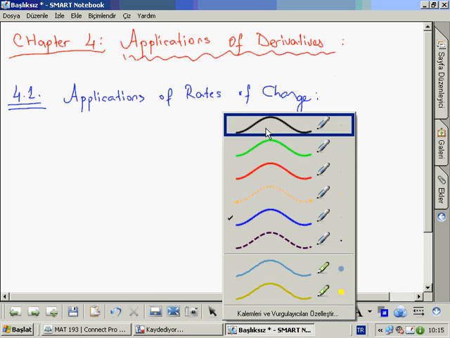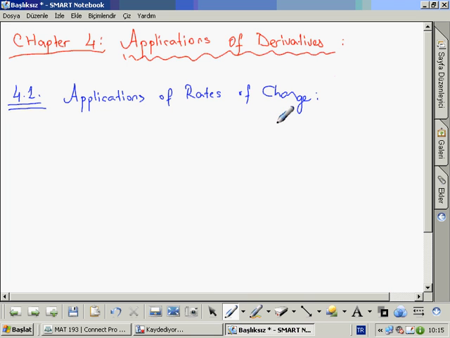Okay, my friends, don't forget, if somebody is speaking about the rate of change, you must understand it's about the derivative.